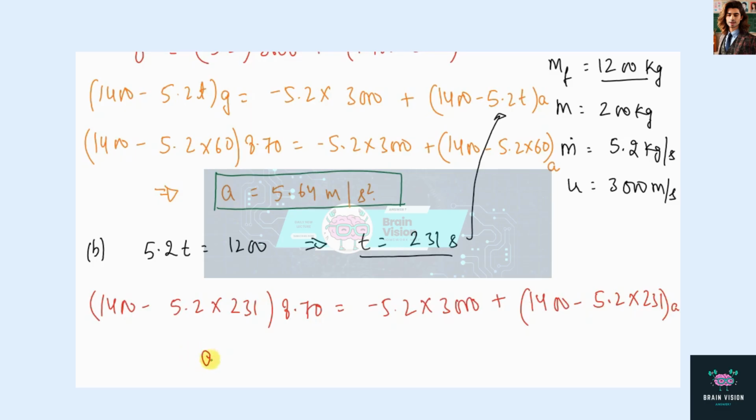From here the acceleration comes out to be nearly 69.3 meter per second squared. So this is the maximum acceleration of the rocket that was asked in the question.